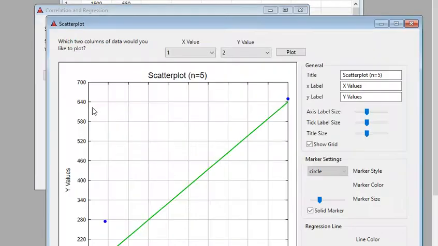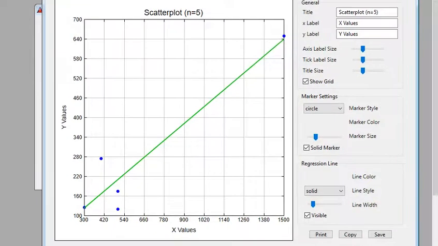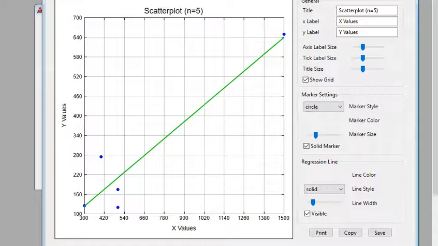A lot of that linear correlation, I think, is probably because of this one point way out here at 1500. So without that, if you're just looking at these four values, then it doesn't look like there's much of a correlation. In fact, maybe what we'll do is rerun it after we delete that value. But as it is, it looks like there's a linear correlation. So let me go back to our results.